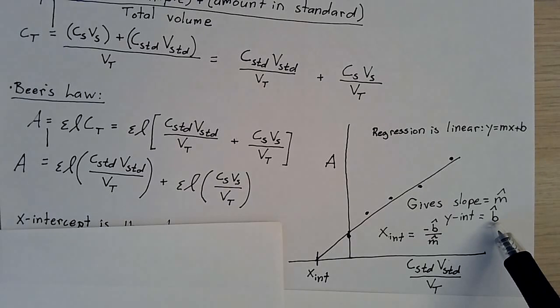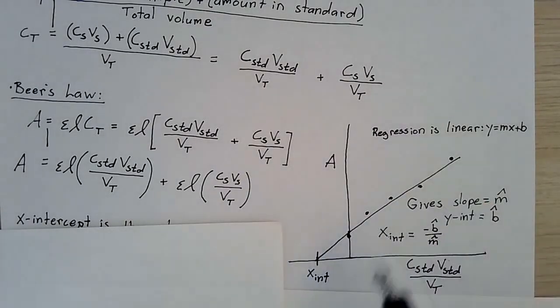Okay? Now, in doing this method of standard additions, it's normal that you extrapolate the regression line past the 0 of the x-axis and over here to the x-intercept, where absorbance would equal 0. So we mark that as x-int, standing for x-intercept.